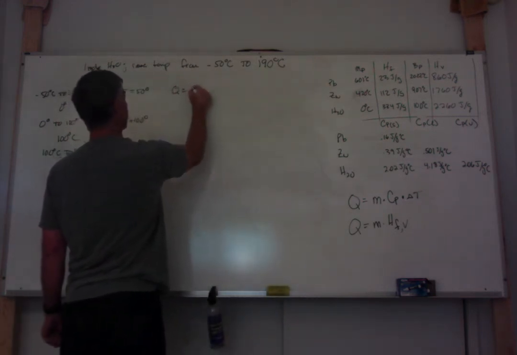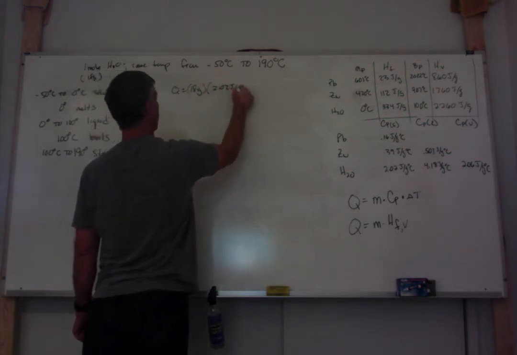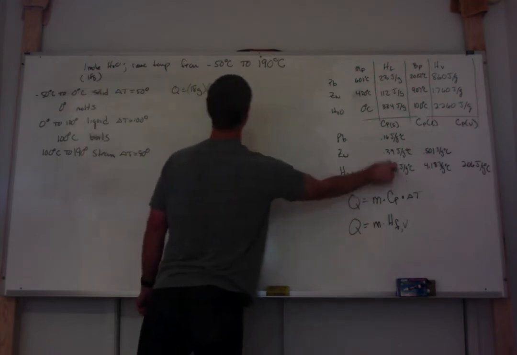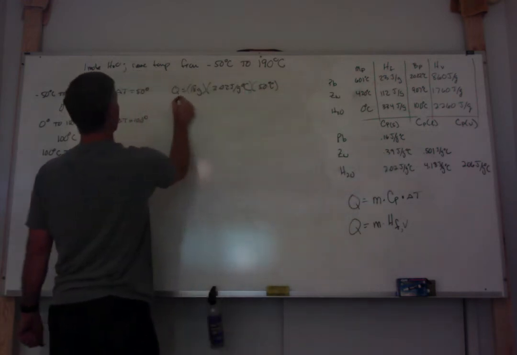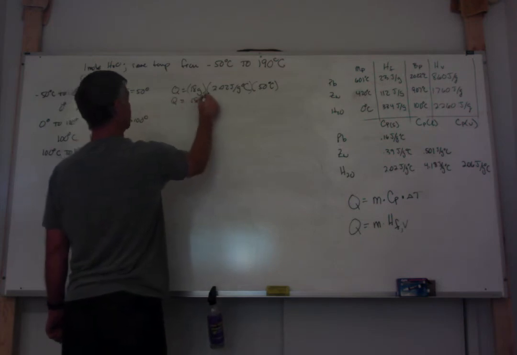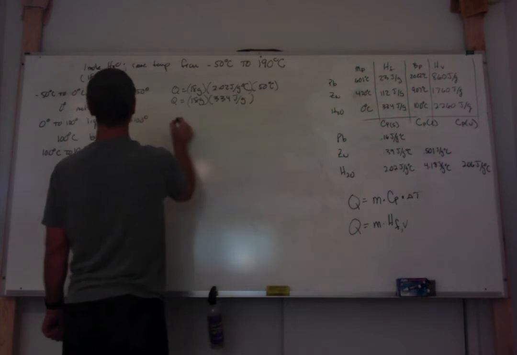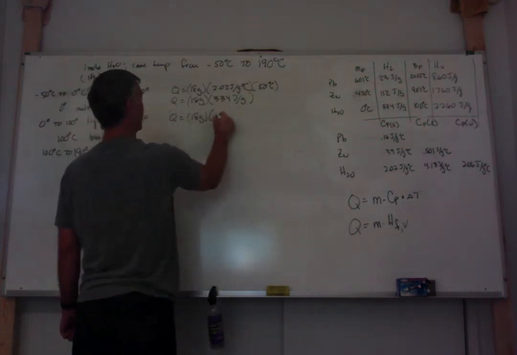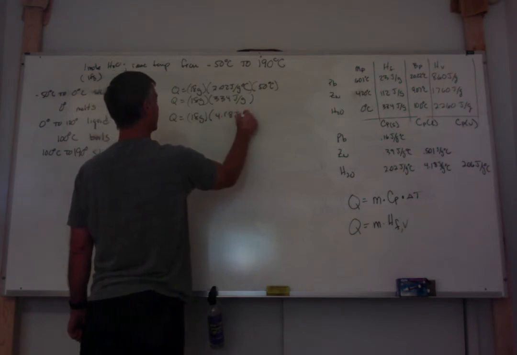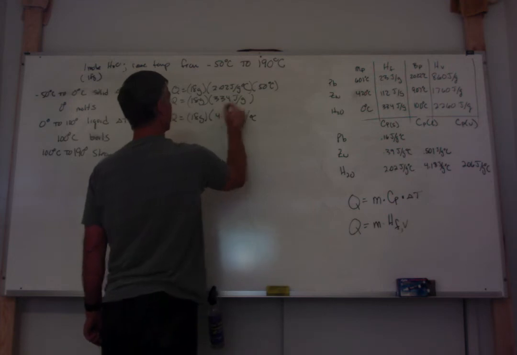Q will be 18 grams times 2.02 joules per gram degrees Celsius, that number right there, times 50 degrees Celsius. Q here is 18 grams times 334 joules per gram. Here, Q is 18 grams times 4.18 joules per gram degrees Celsius. By the way, I did this wrong.